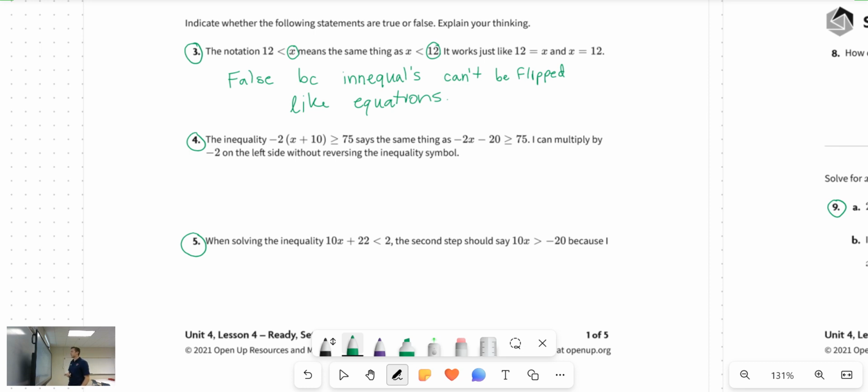All right, number 4, the inequality -2 times x plus 10 is greater than or equal to 75 says the same thing as -2x minus 20 is greater than or equal to 75. I can multiply by -2 on the left side without reversing the inequality symbol. That is correct. Actually, you can do that. Yes, true.